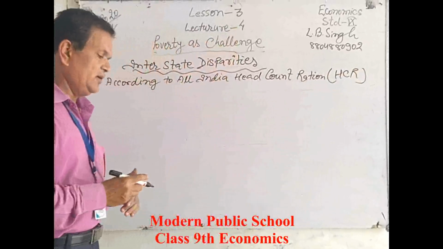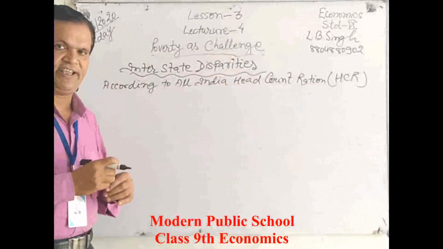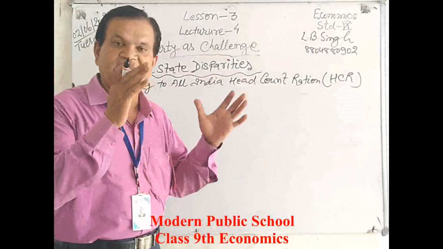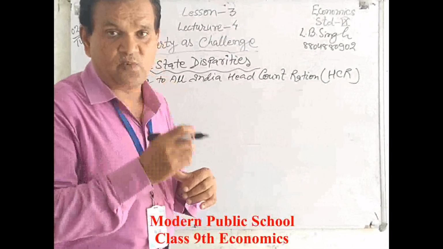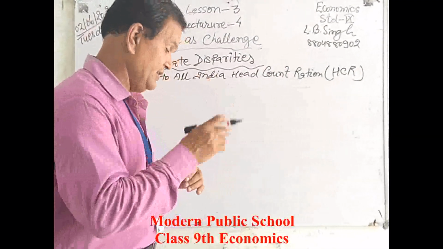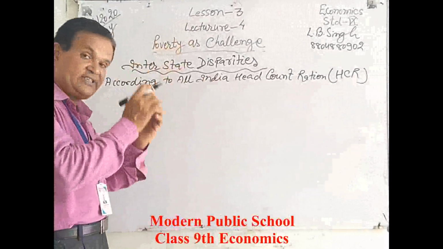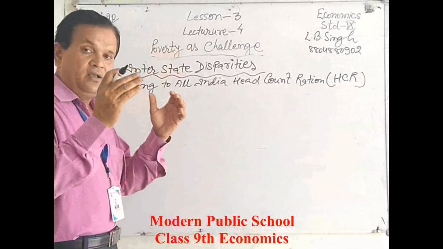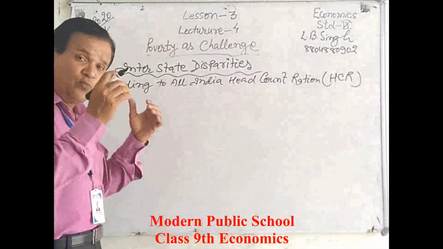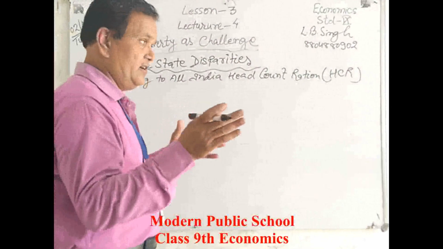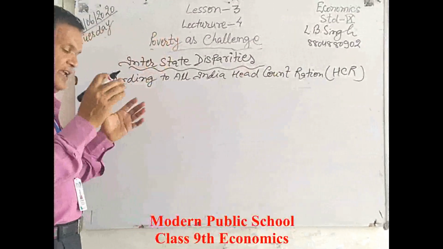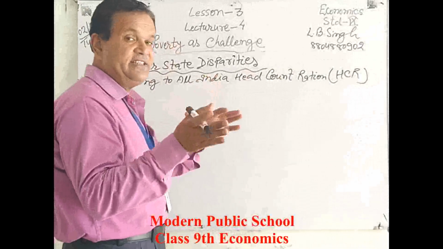That means so many states are poor in India. So we have to study which states are the poorest in India. According to data, it will be proved that they are poor.